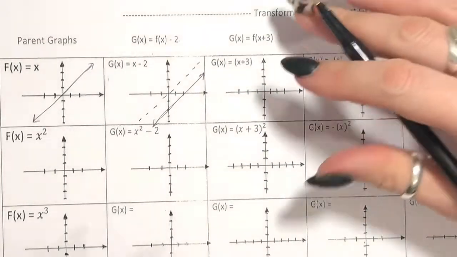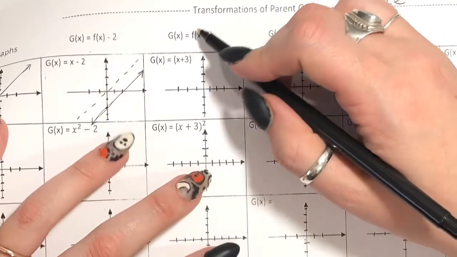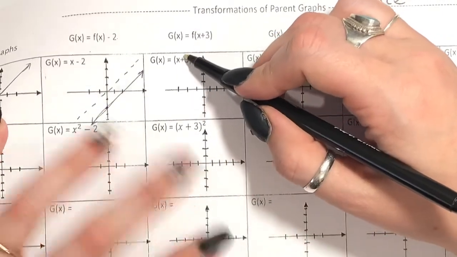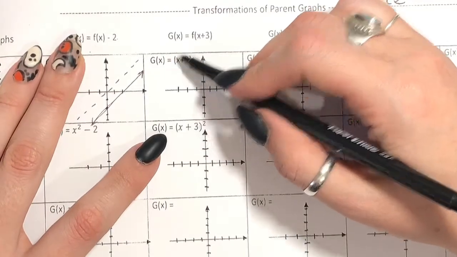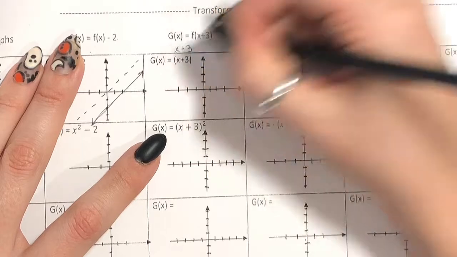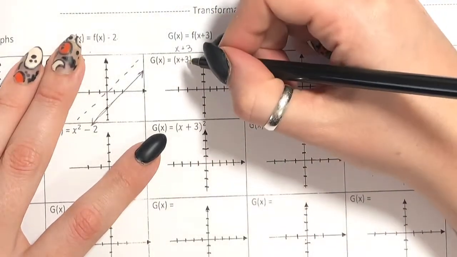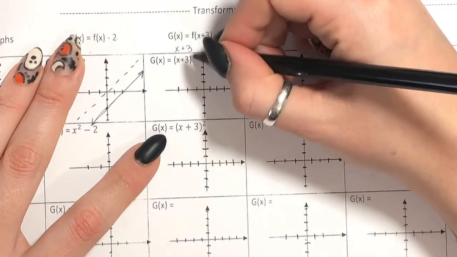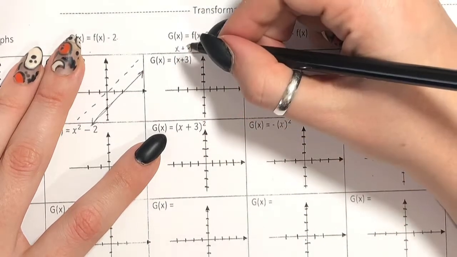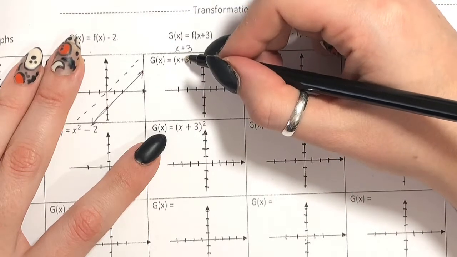Okay, if we look at this column, we have f of x plus 3. Notice the plus 3 is inside the parentheses. This is different than if I just did x plus 3 on the outside. I know it's kind of confusing when it's just an x. So when it has this plus 3 inside parentheses versus not inside parentheses, this is saying you have your horizontal shift.